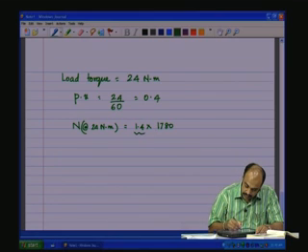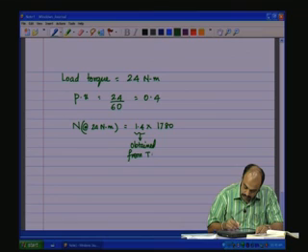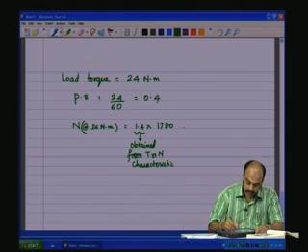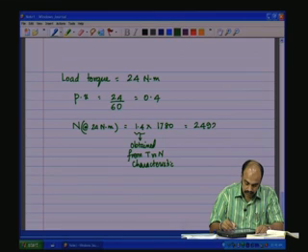This is obtained from the torque versus speed characteristic. Now, this is equal to 2492 RPM.